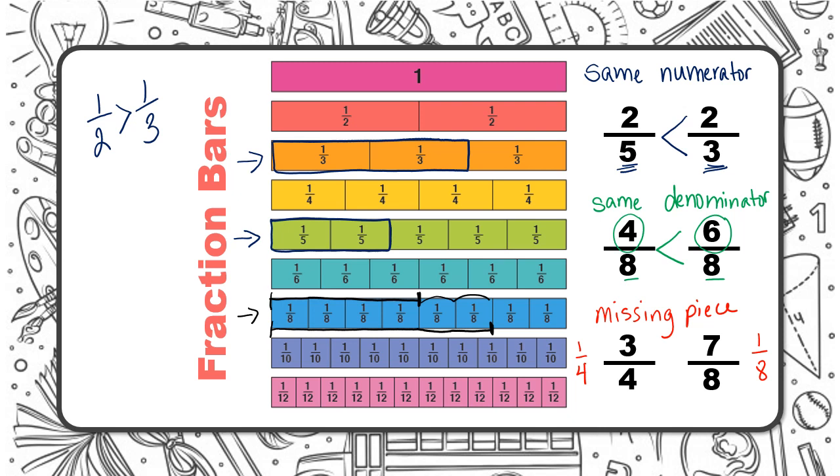Now let's focus on the 1/4 and the 1/8. What do you know about those two fractions? Which one of those is greater? Right, 1/4 is greater because the denominator is smaller. So 1 part out of 4 is bigger than 1 part out of 8. So if 3/4 has a bigger missing piece, then 3/4 is going to be smaller.